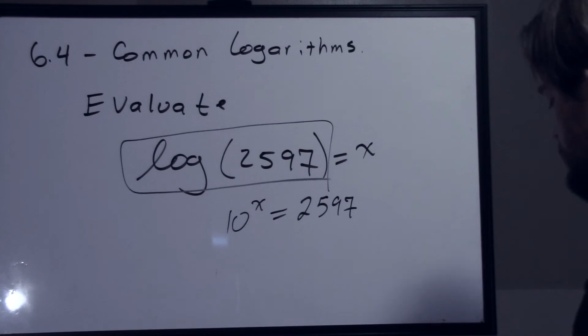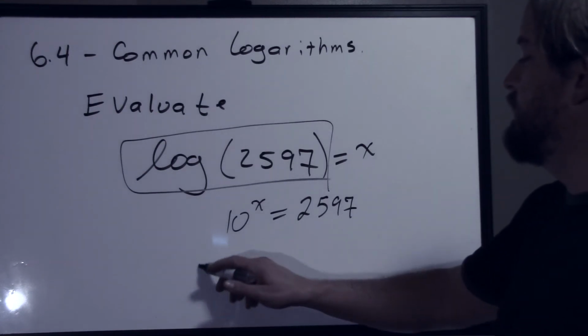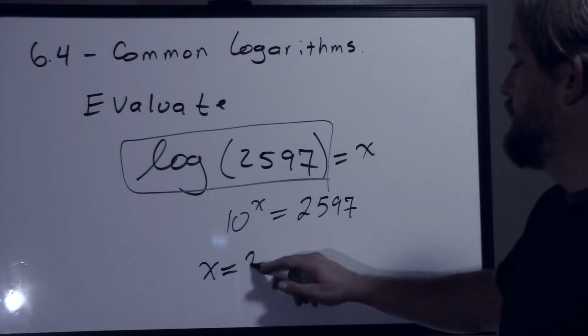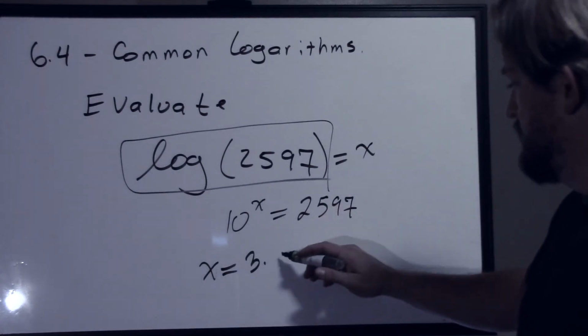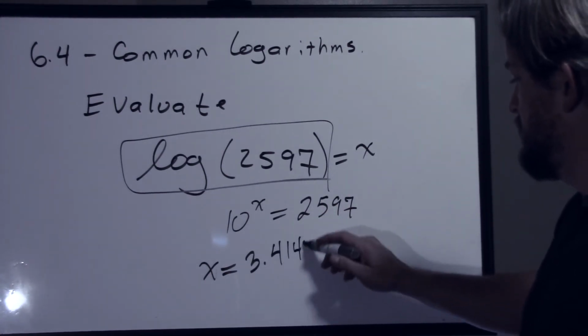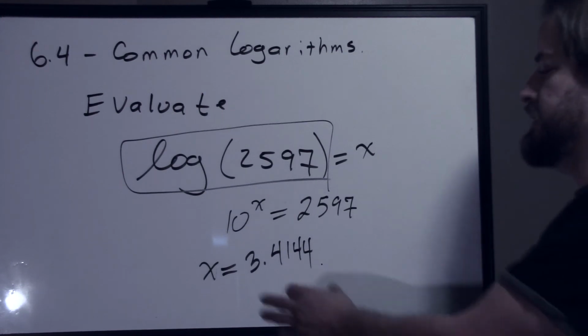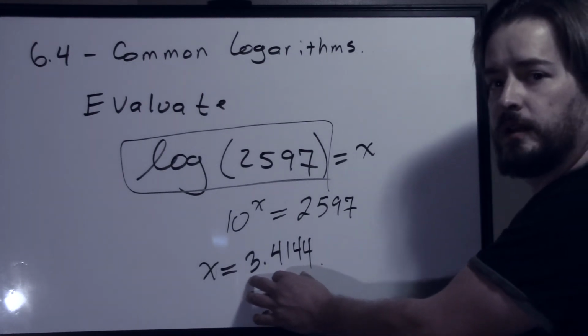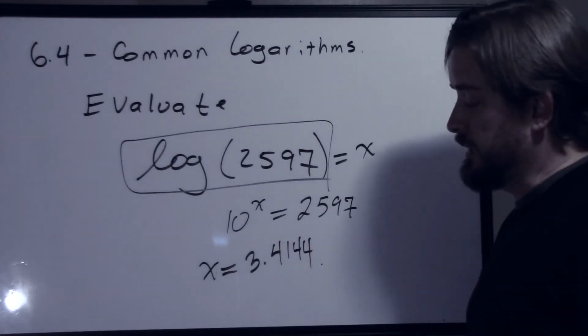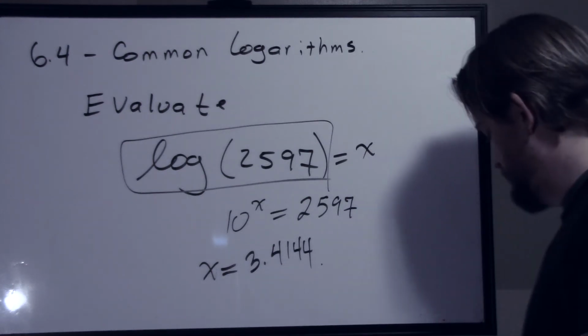And I get 3.4144. So 10 raised to that exponent is equal to 2597. Good.